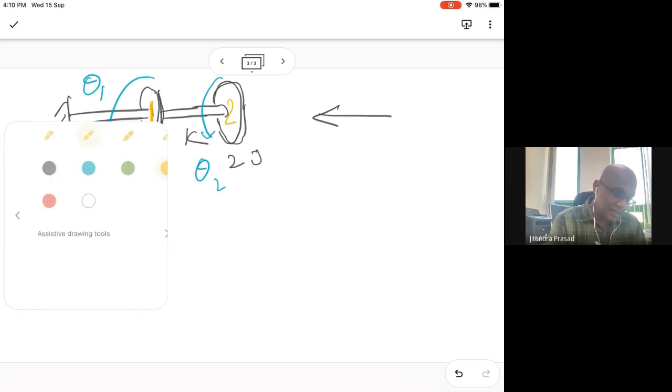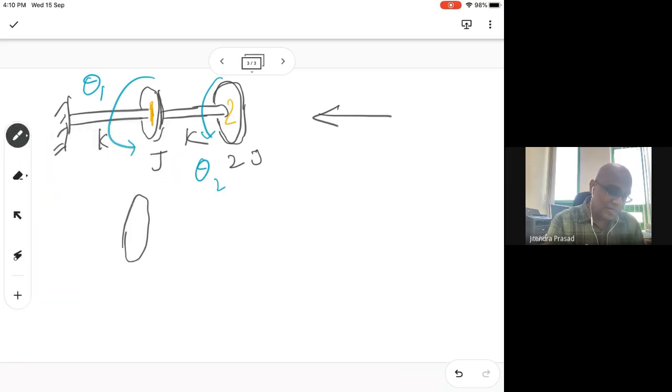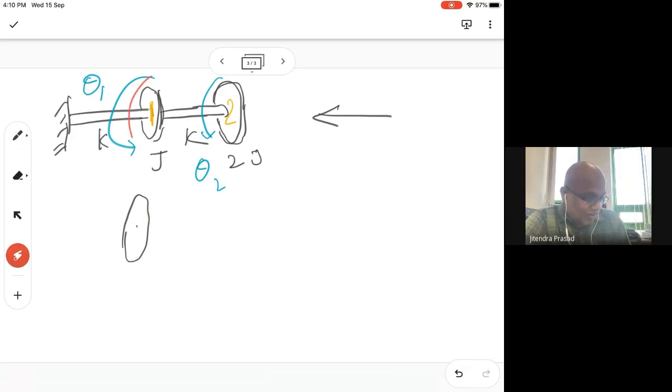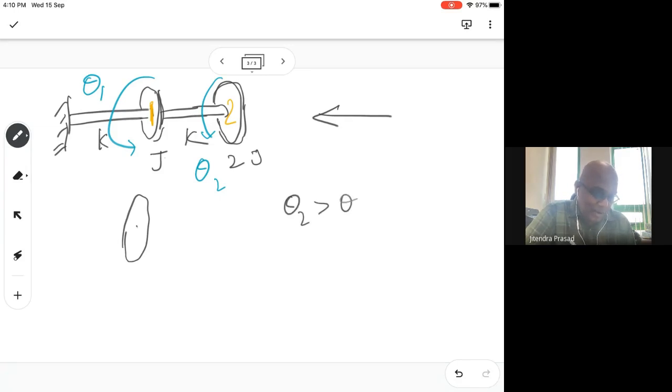So what do you see? This one is rotated anti-clockwise. θ1 is anti-clockwise, and θ2 is also anti-clockwise. So if you assume θ2 greater than θ1, then what do you see?